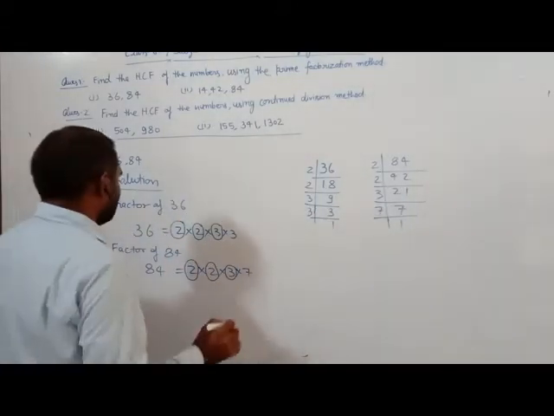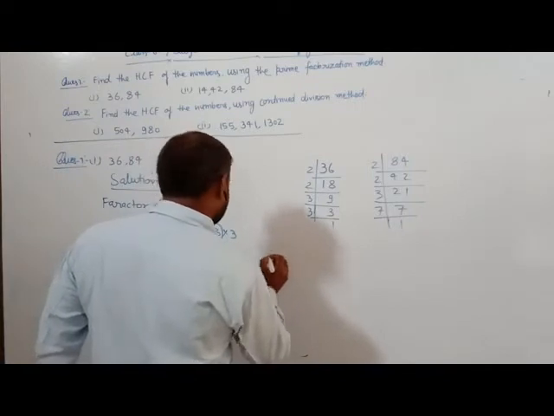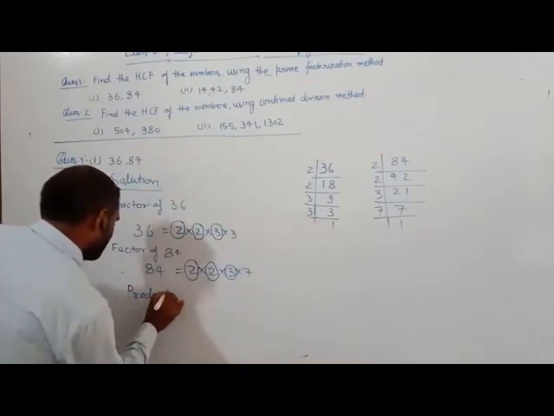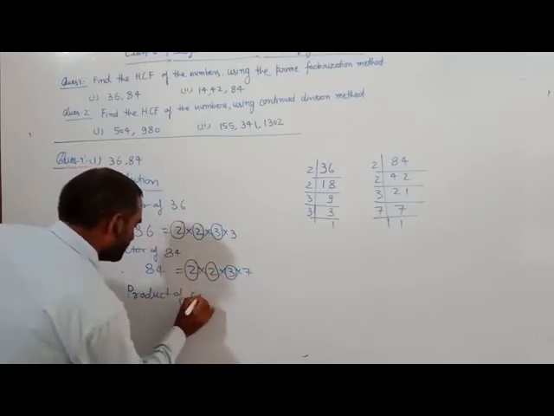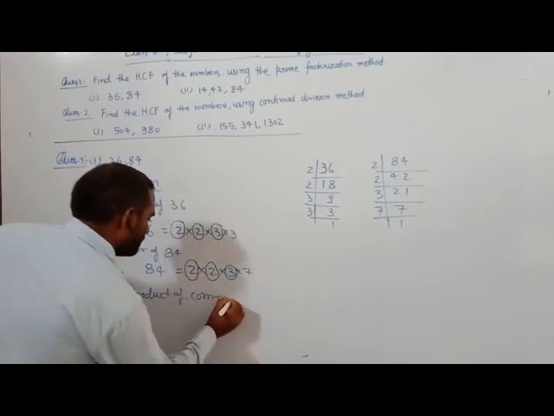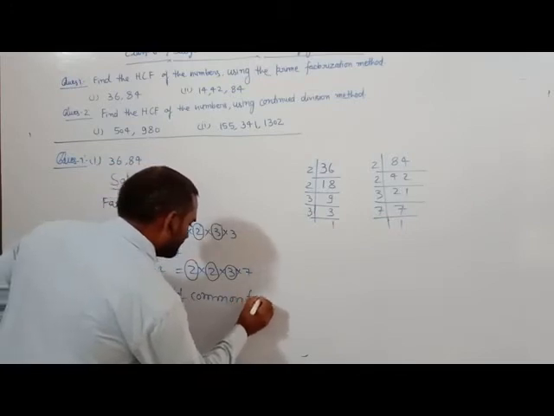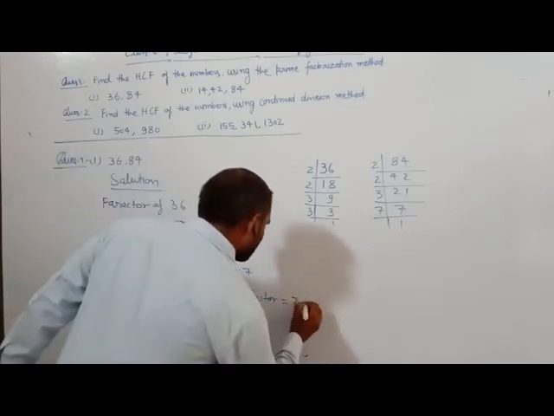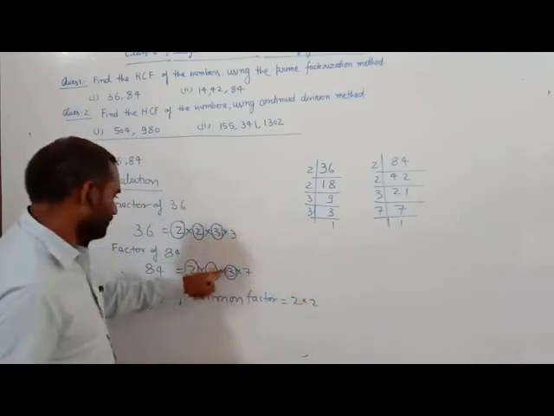Product of common factors: 2 into 2 into 3.